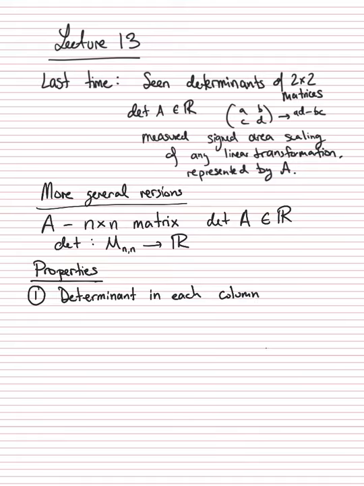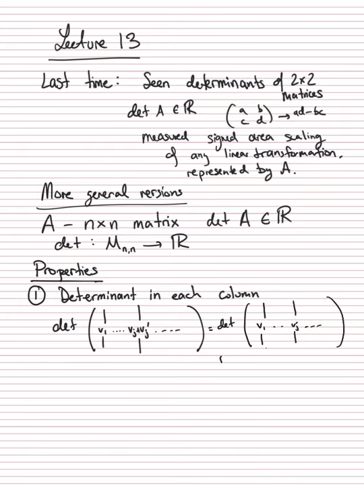Okay, so in other words, if I take the determinant of a matrix which looks like V1, and then I take the jth column and it looks like Vj plus Vj prime, this should be equal to the sum of the determinants, where you get V1 up through Vj, and so on, plus the determinant of V1 up through Vj prime.